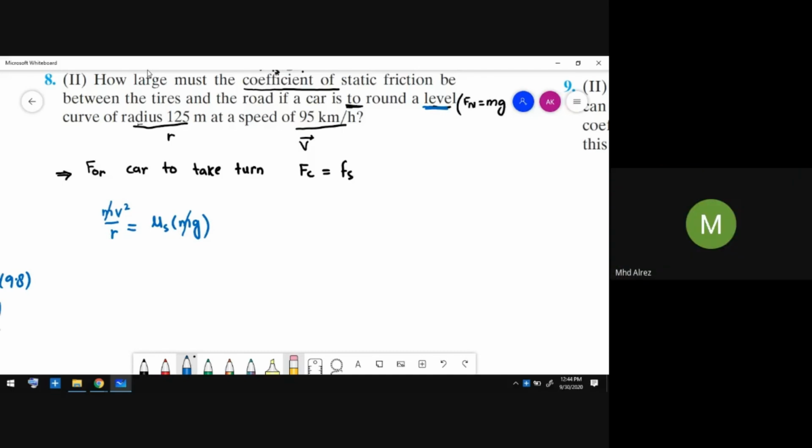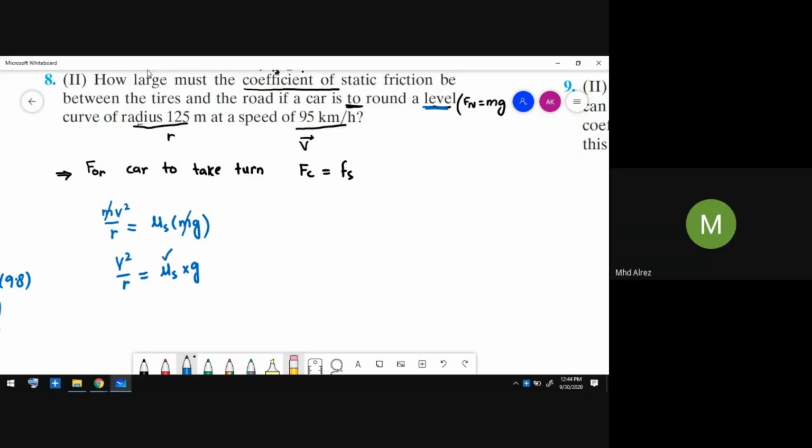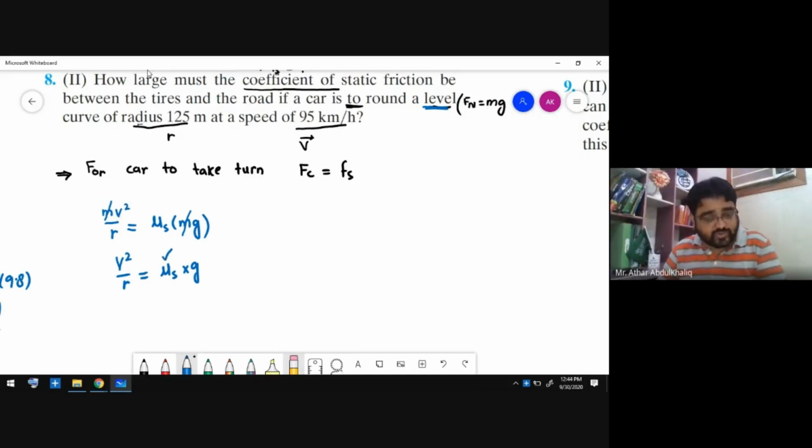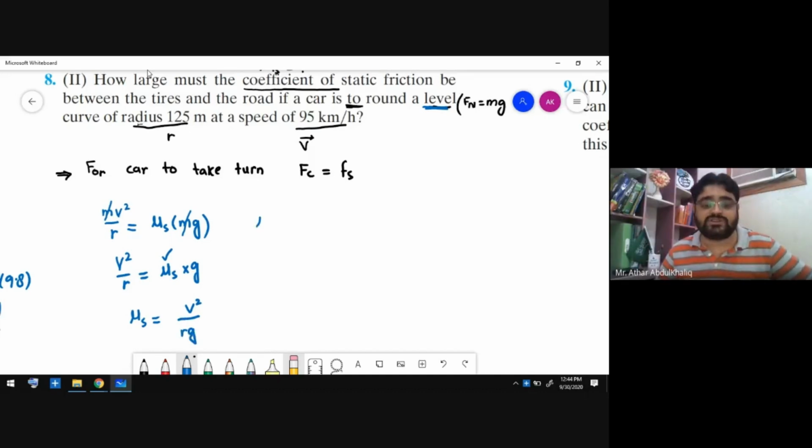So v squared over r is mu s times g. We need to find mu s, so g on the other side will divide. Mu s is equal to v squared over r multiplied by g. Very good. Now just substitute the values.